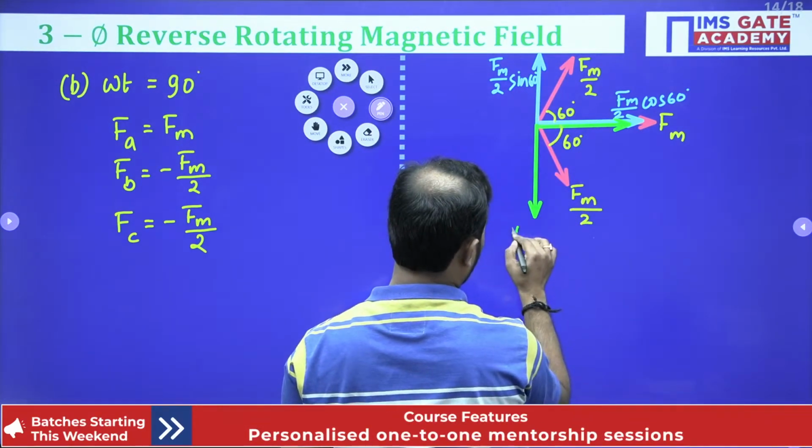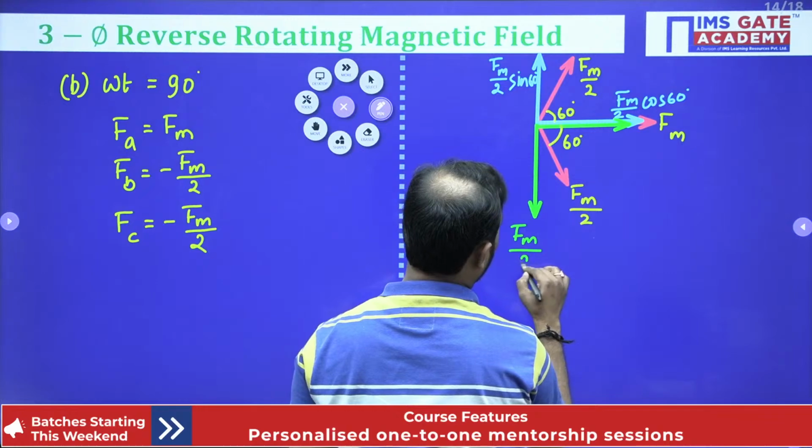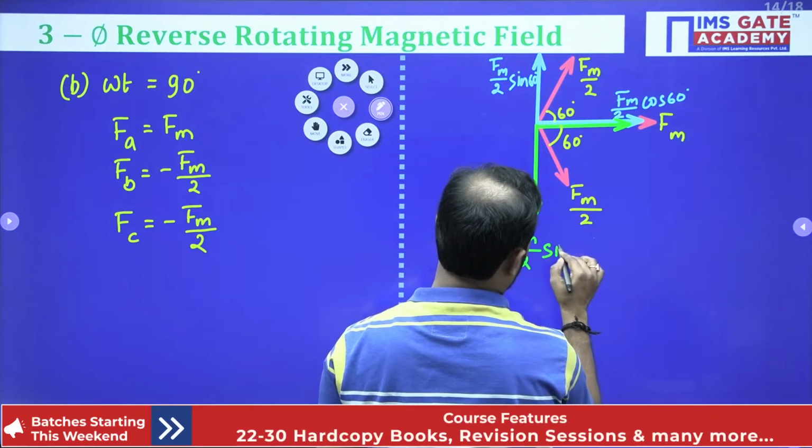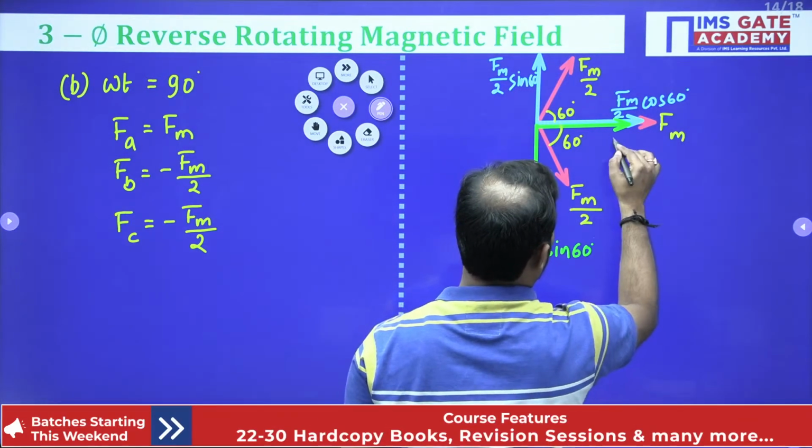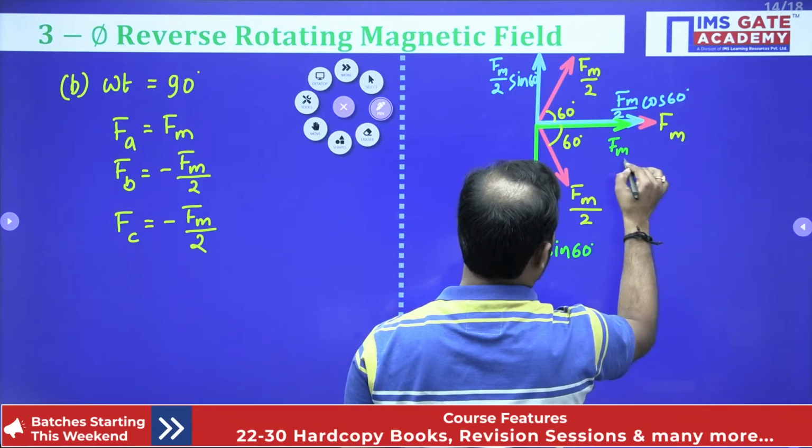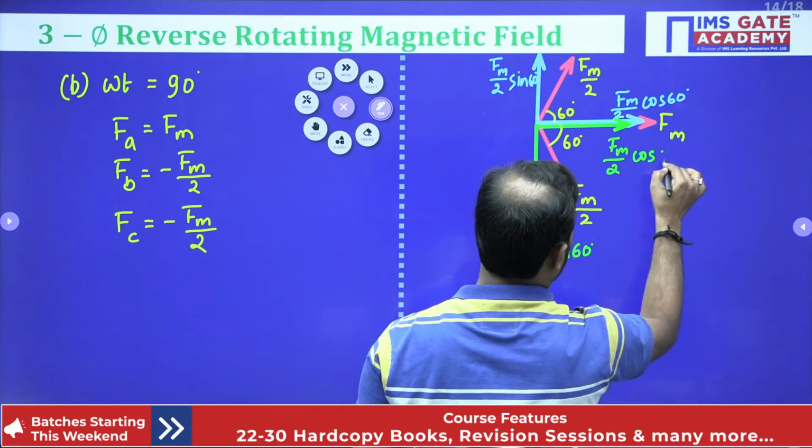So this time this is Fm by 2 sine 60 degree and Fm by 2 cos 60 degree.